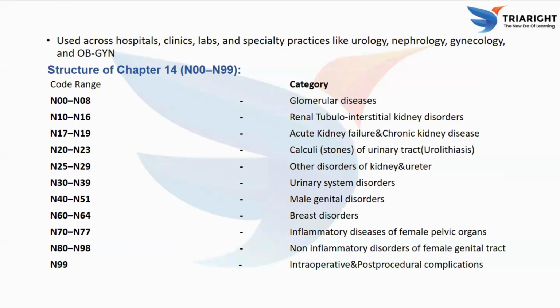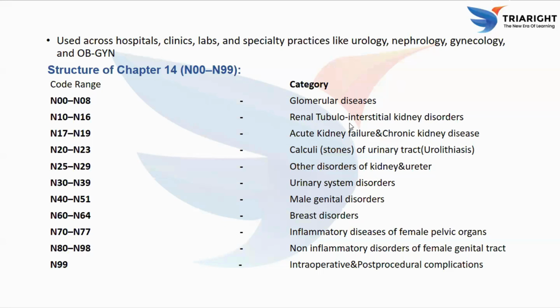So in this chapter 14, the diseases are classified into different groups related to the kidneys, urinary system, male reproductive system, female reproductive system, and breast. So what are the code ranges over here? N00 to N08 involve glomerular diseases, which affect the kidney filtering units.